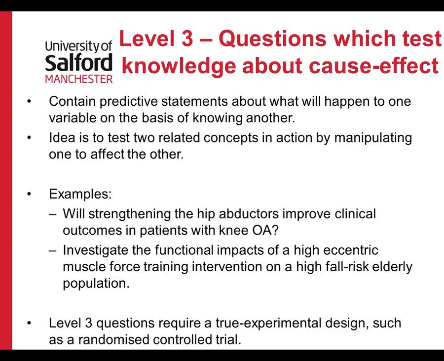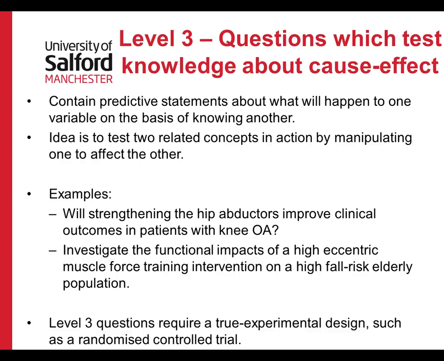In order to test that idea, we could ask the question, would strengthening of the hip adductors improve clinical outcomes in patients with knee osteoarthritis? If we were able to show that by improving strength we reduced pain, then we could maybe argue something about the causality of pain due to muscle strength.